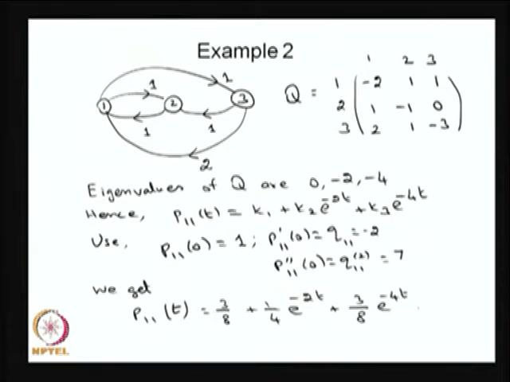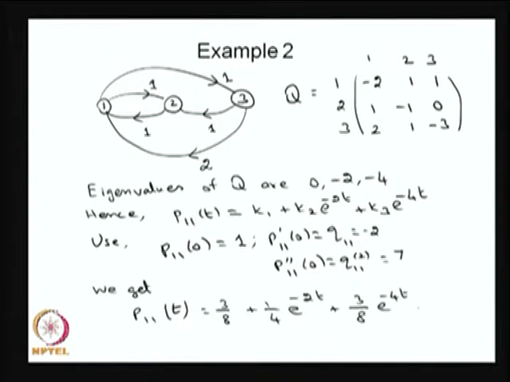Since it is a finite state CTMC, there are many ways to get the time dependent solution. Basically, you have to solve the system of differential equations with the initial condition. Here I am using the eigenvalue method. That means find the eigenvalues for the Q matrix.